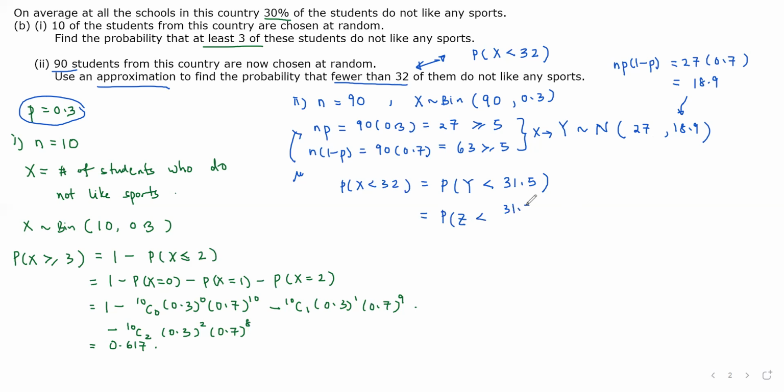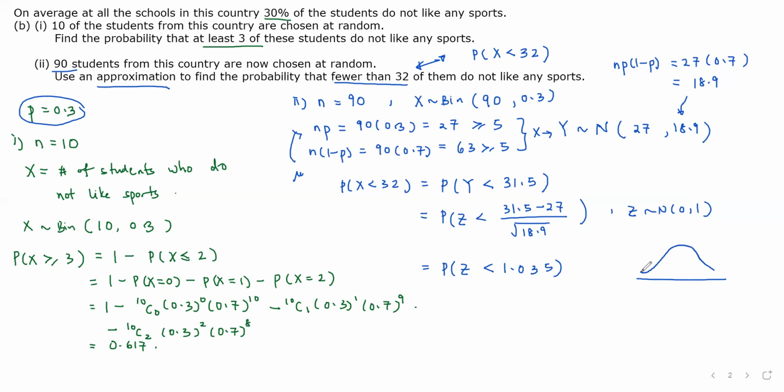We have 31.5 minus the mean, divided by the standard deviation. 18.9 is the variance, so to find the standard deviation, we take the square root. That will give us 1.035. That is a left tail area.